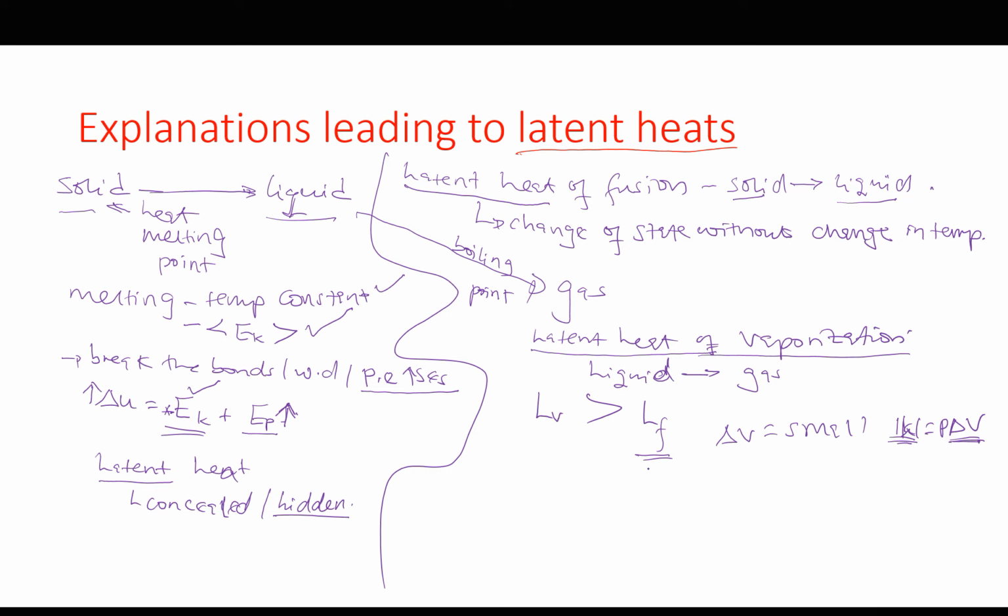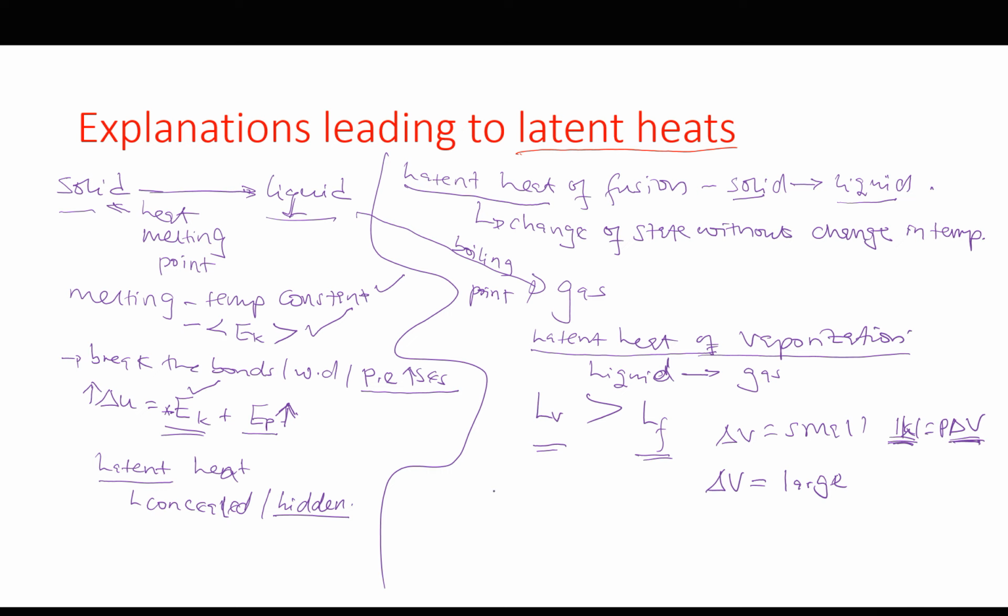But during vaporization, when a liquid is changing to a gas, the change in volume involved here is very large. There is a large change in volume. That means the work done is also going to be large if there is a large change in volume, simply because a lot of energy is required to do work against the atmosphere as molecules escape the liquid state to the gaseous state.